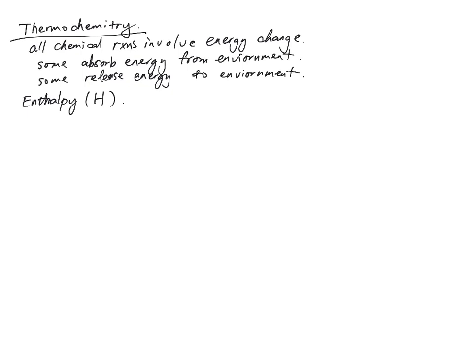What you can only study is, during a process of change, how much energy is gained or lost. So although we define enthalpy as energy involved in a chemical reaction, what we measure is the change. So we call it delta H.